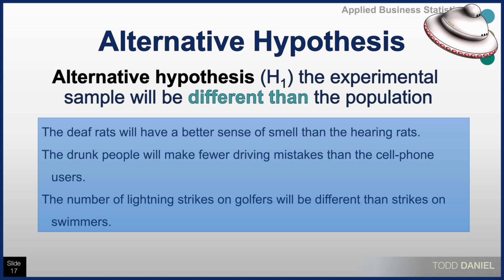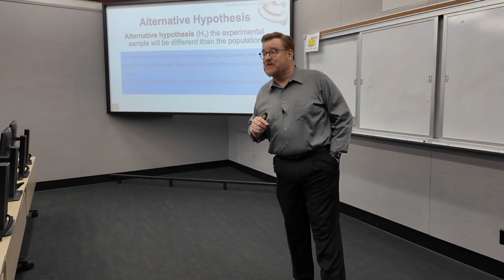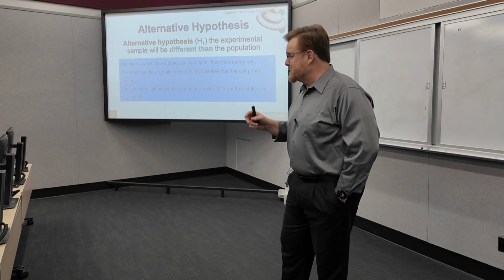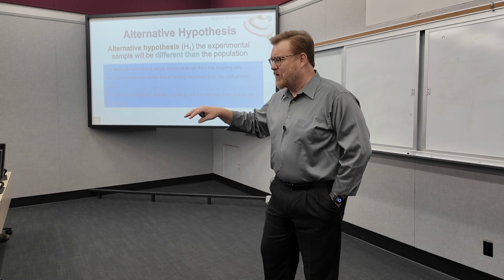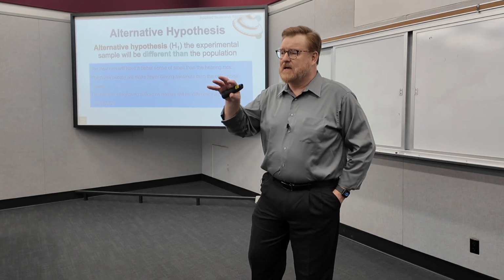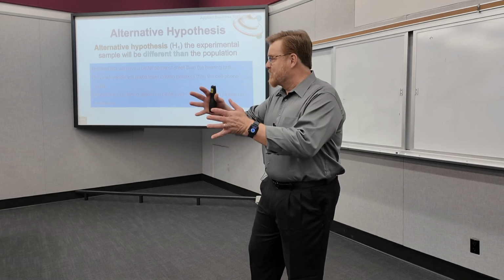The alternative hypothesis says that the experimental sample will be different than the population. The deaf rats will have a better sense of smell than the hearing rats. The drunk people will make fewer driving mistakes than the cell phone users, which was something that I found on the Mythbusters show, the old one, where they actually tested a group of people, same group, and in one case they had alcohol to drink, and then in another case they were talking on a cell phone or texting on a cell phone as they're driving through a closed course.